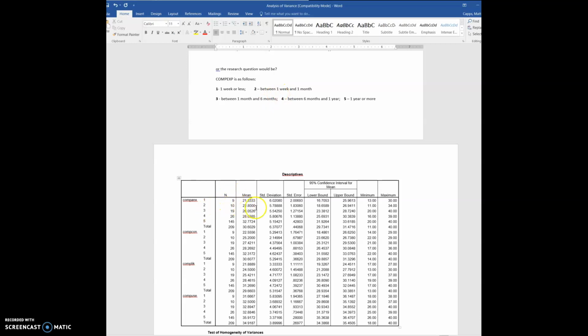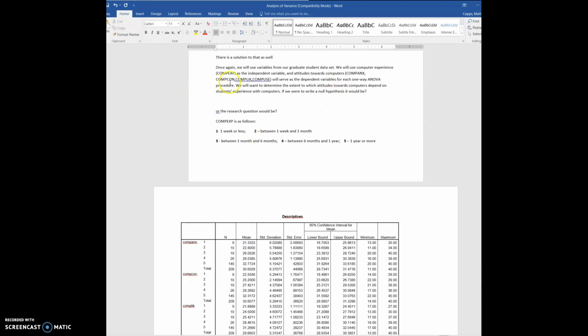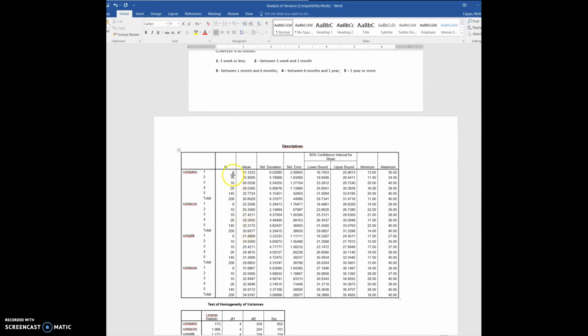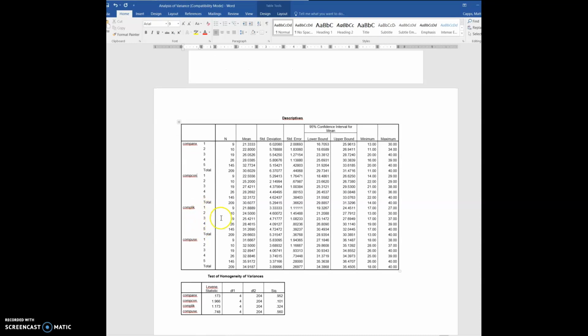Here's their score, standard deviation, minimum score, maximum score. That's the computer anxiety. Then it goes to the computer confidence score. And again, these numbers will be the same. We had 209 total participants. Most of them had a year or more of experience with the computer. So here are the confidence scores, likability scores, usefulness scores. And it's the same stuff over and over.